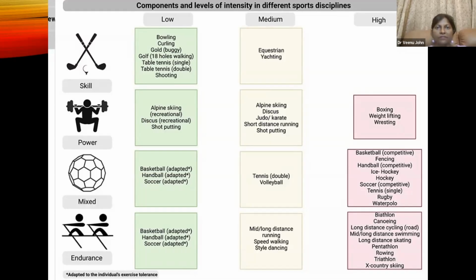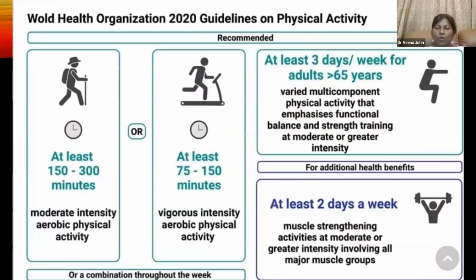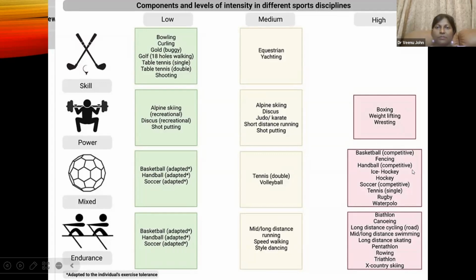But if it is competitive, then it becomes a high intensity activity. So most of the high intensity activities are boxing, weightlifting, wrestling, and competitive basketball, and also biathlon, triathlon, long distance cycling. All this comes under high intensity sports.